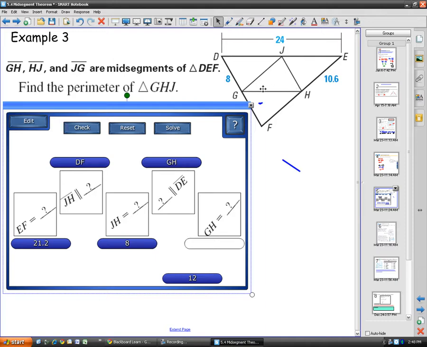So we have 8 plus 12, and then GJ is half the length of this side, so 8 plus 12 plus 10.6 will give me the perimeter of the little triangle in the middle, which is what we're trying to find. I'll just do it on my calculator here, because I can't seem to get it to write on this page.